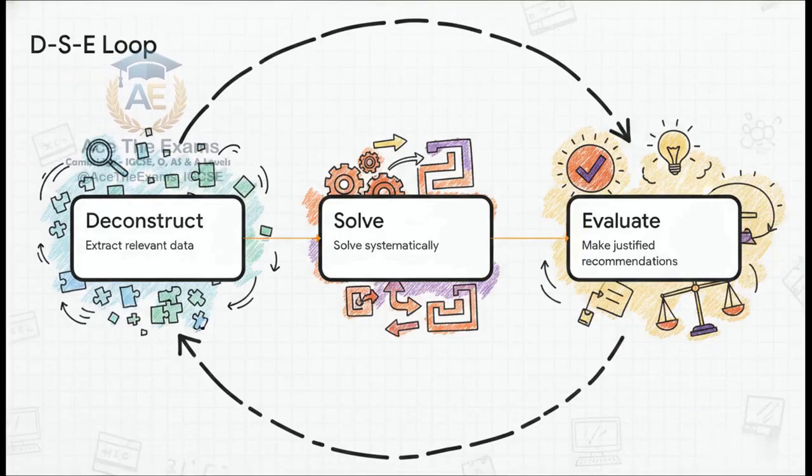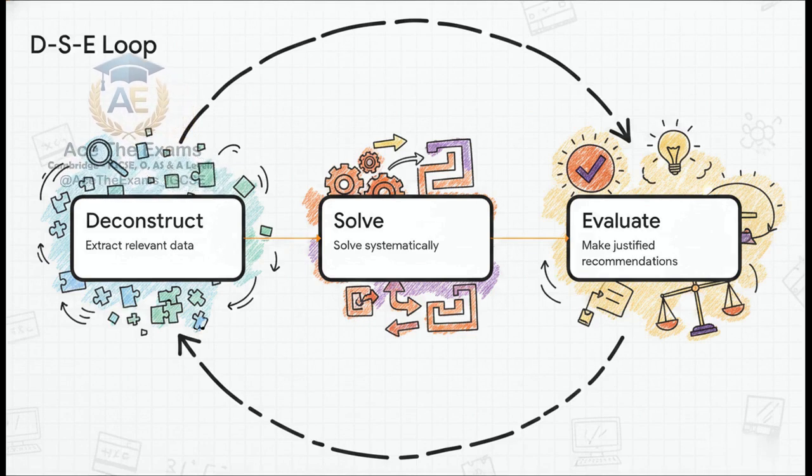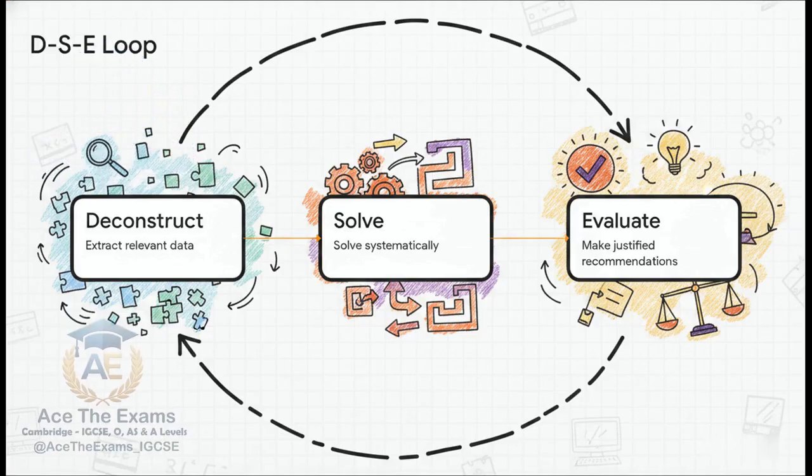We can condense everything we've talked about today into a completely repeatable final system for your exams. I call it the DSE loop, governed by 3 unbreakable rules. Rule 1, command word decoding. You deconstruct the given information based entirely on what the command word asks for. Rule 2, PEEL framework application.